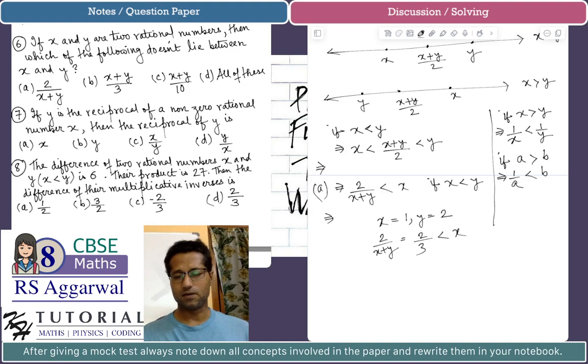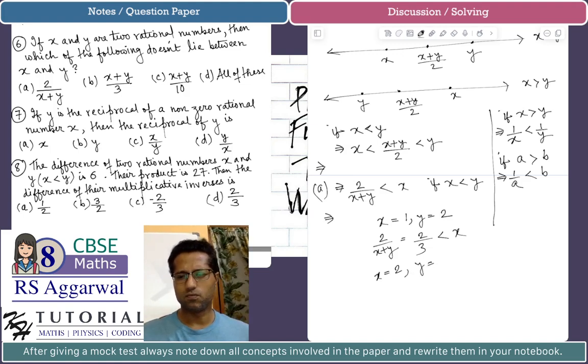If it lies between x and y, then it should be greater than x, and we are seeing that 2 by x plus y is coming to be less than x. So this was if we choose x is 1 and y is 2. What about if we choose x equals 2 and y equals 1?